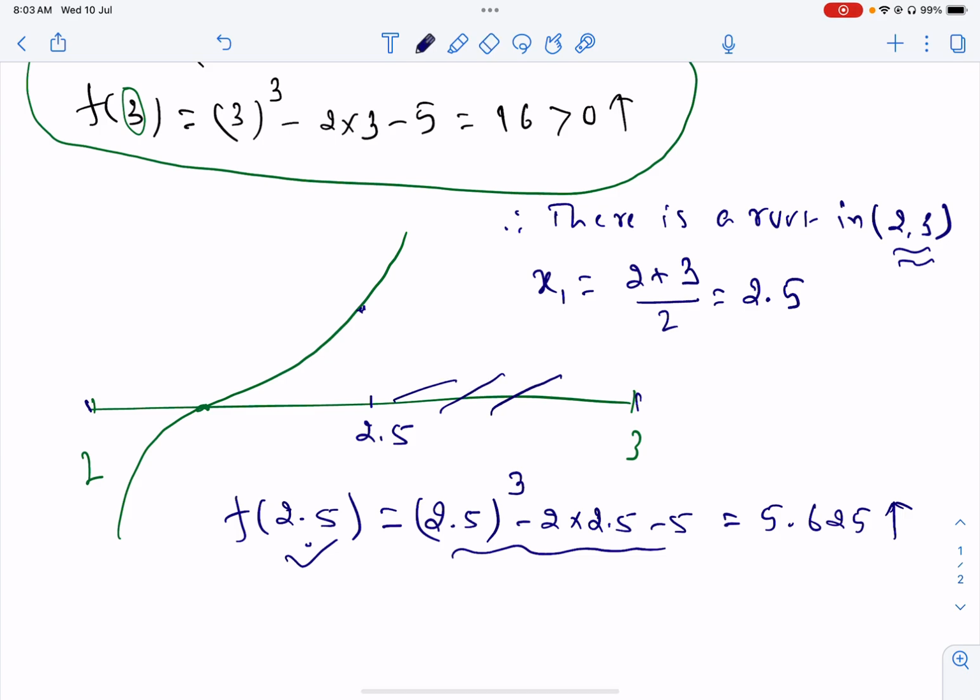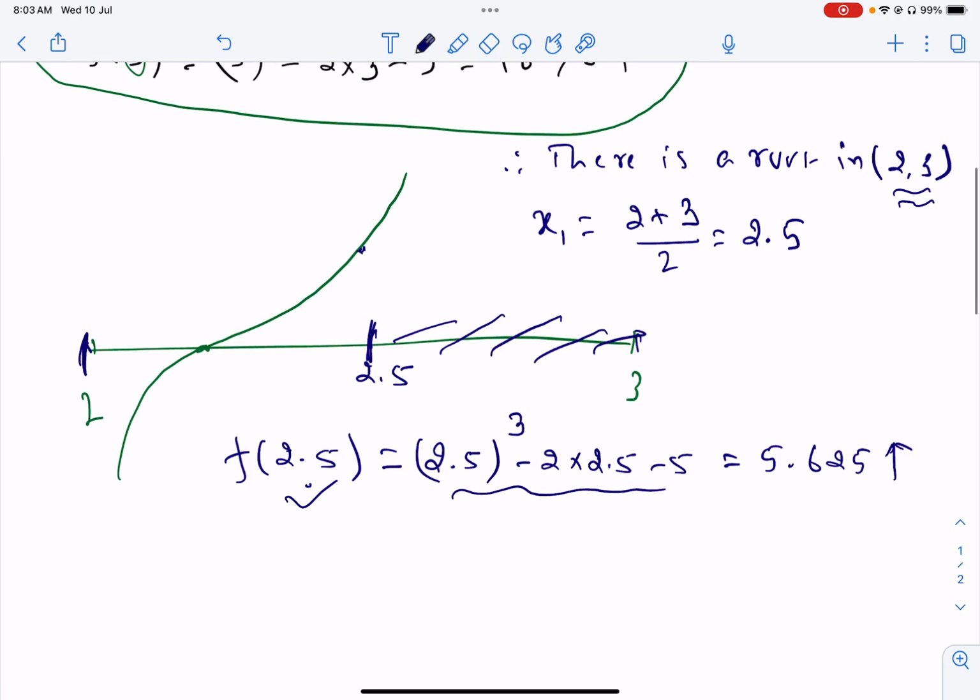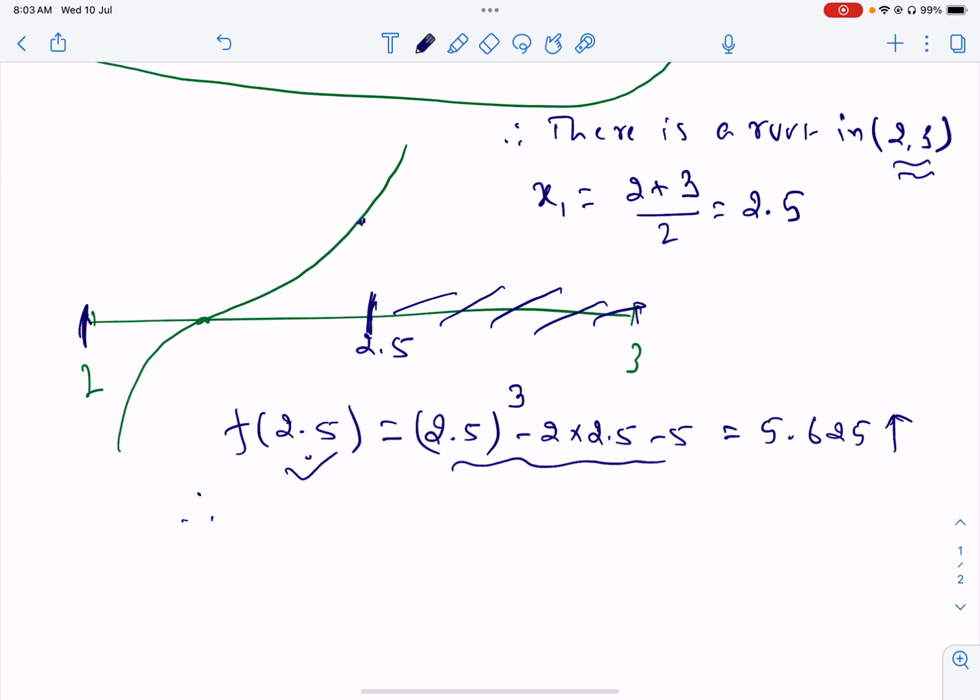This part has gone. So the root lies in the interval 2 and 2.5.